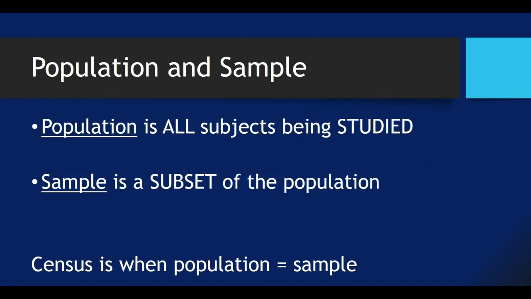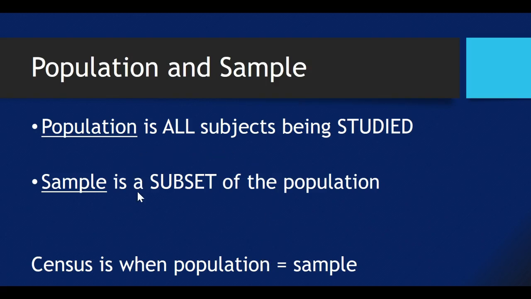Now, when I say population is all subjects being studied, oftentimes this "being studied" term throws people off. They think studied means they're being currently examined or currently experimented on. That is not the case. So the experiment is going to happen on the sample, but that sample is going to be used to study an entire population. So hopefully that makes sense.